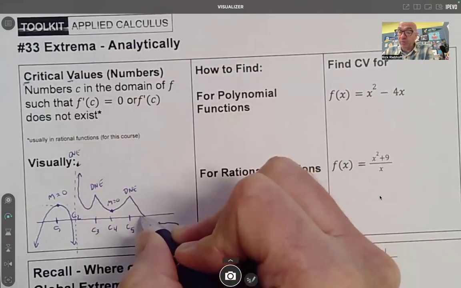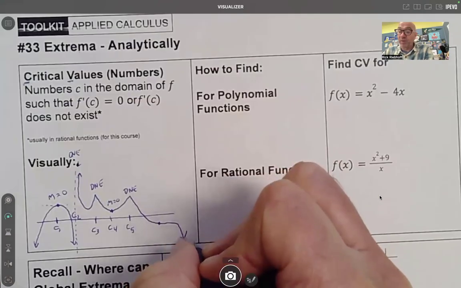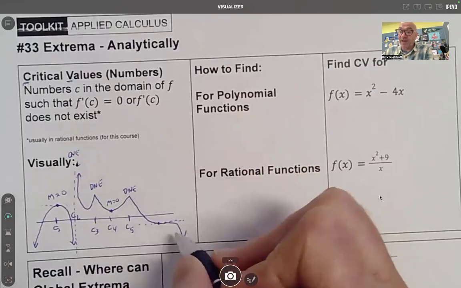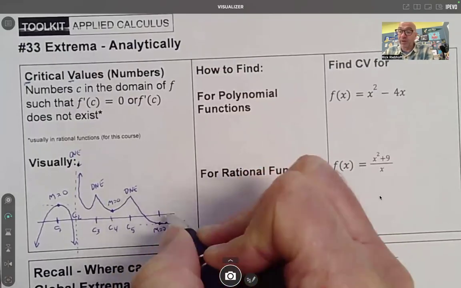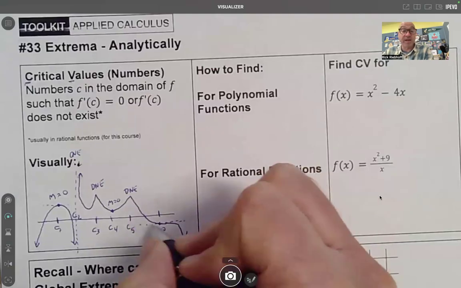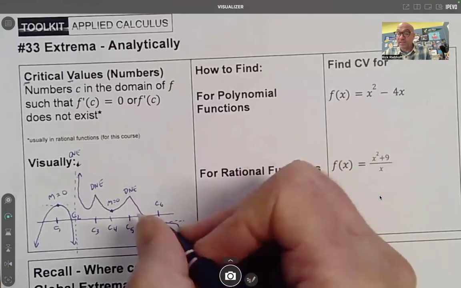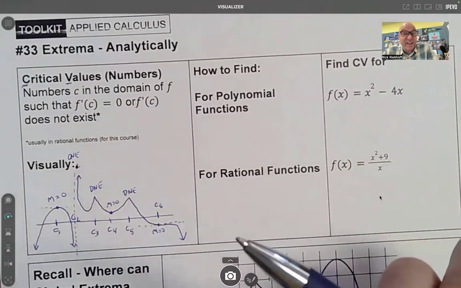Here, this is kind of a fun one. At this point, slope is getting smaller and smaller and smaller, and then it starts getting bigger again, right? Slope can become zero here, even though it doesn't hit a min or a max, right? We know that can happen. So there's another one. So there's six different critical values in this and all a different type, right?